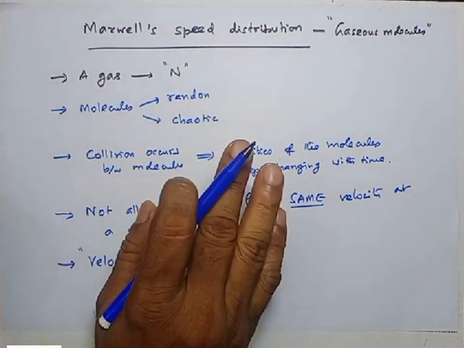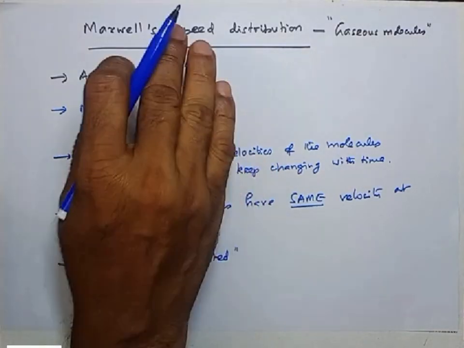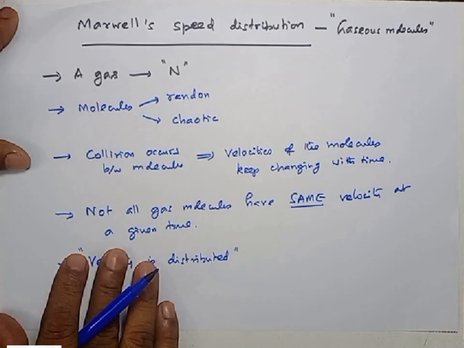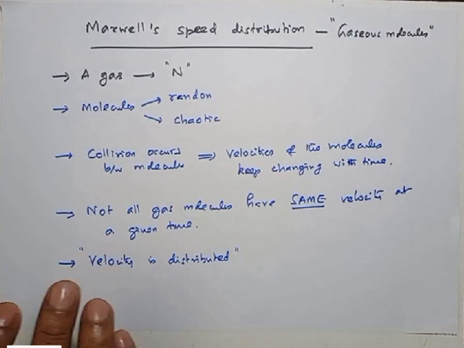To handle this problem, Maxwell and Boltzmann utilized the statistical idea, and they derived an expression for the probability or fraction of molecules having a particular velocity. Let me write on the next page. Just copy this.